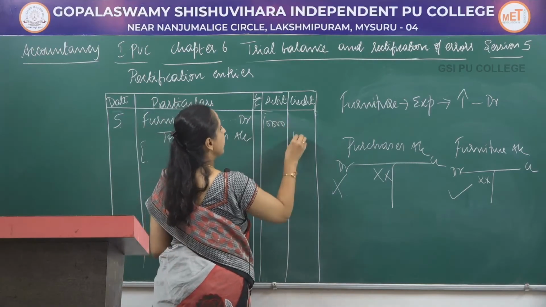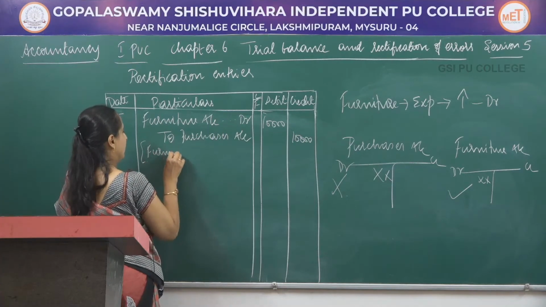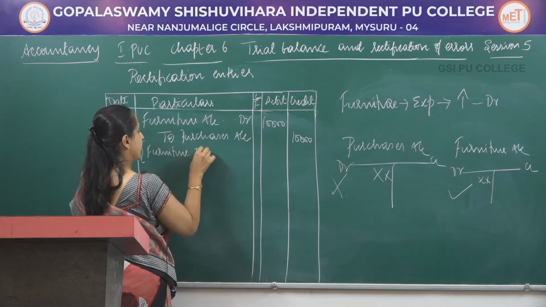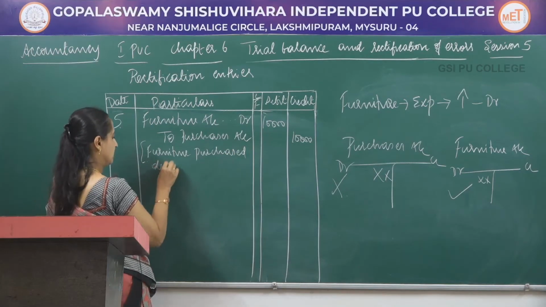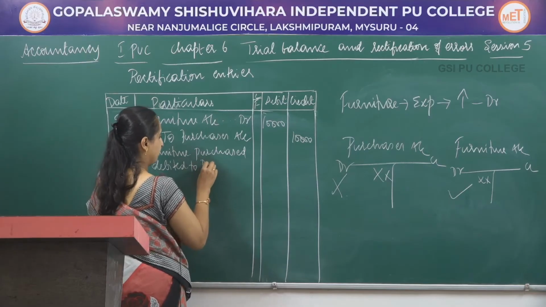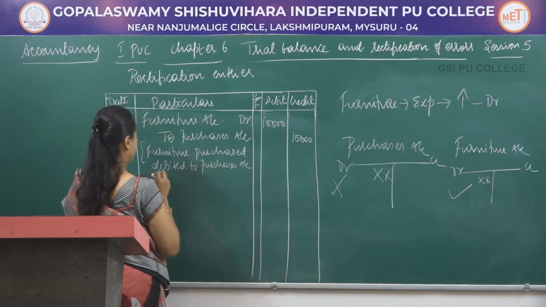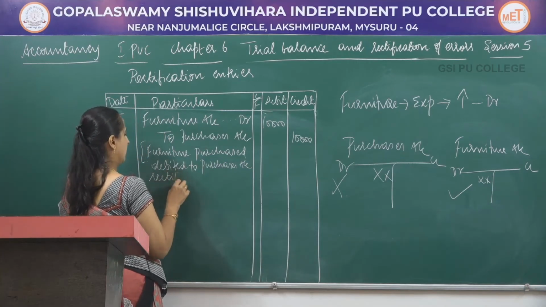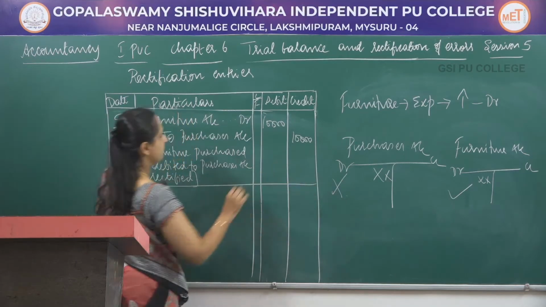Amount is 10,000. Narration: furniture purchased debited to purchases account, rectified. So this is the fifth one.